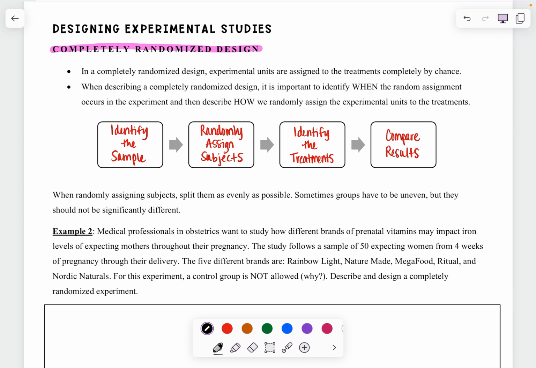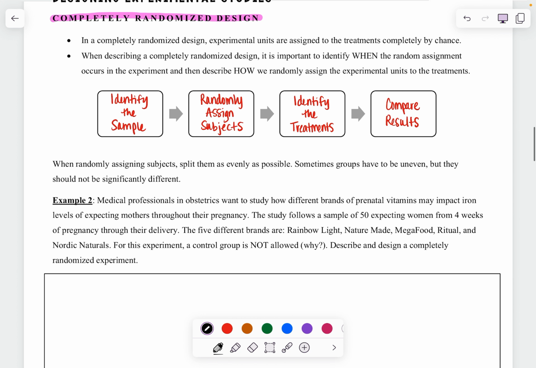And then at the end, I'm going to compare my results from my treatment groups and my control group to each other. One thing about a completely randomized design is you want the groups to be as even as possible. It doesn't always work out that they're perfectly even, but try your best. Don't just assign 10 people to the treatment and 90 people to the control. Try to make it 50-50 if you can.